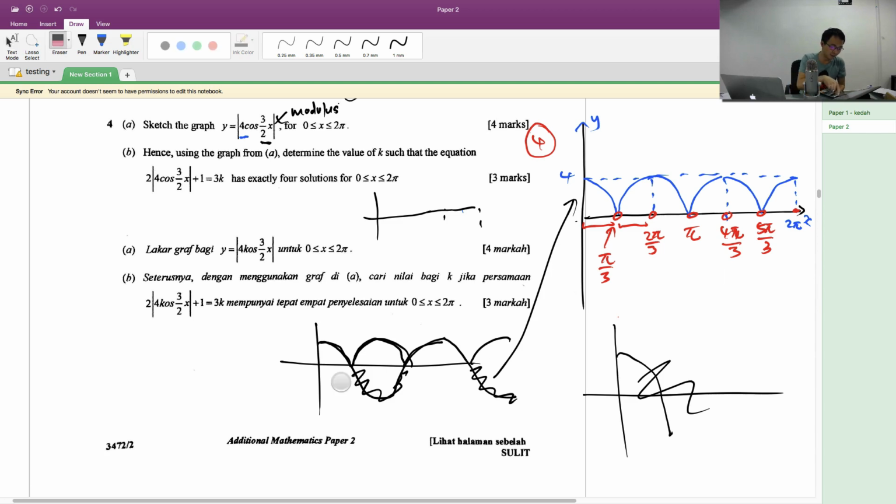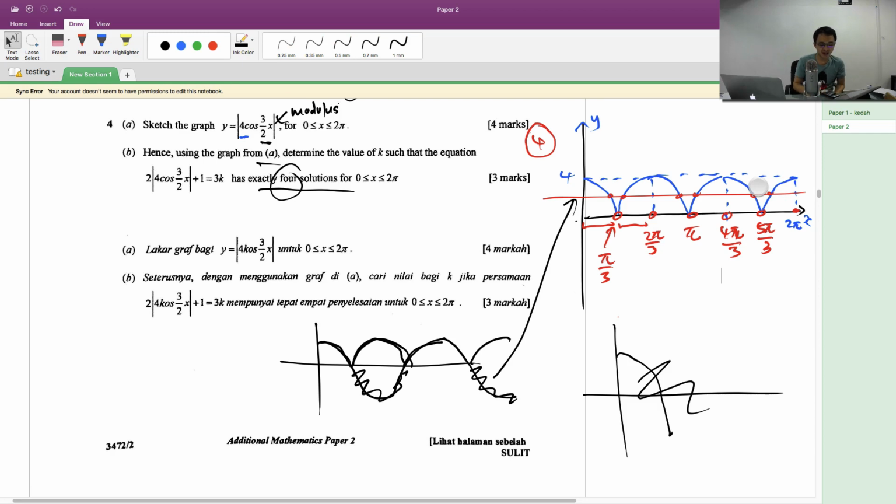Using the graph from part A, determine the value of k such that the equation has exactly 4 solutions. So 4 solutions means that the line needs to touch exactly 4 points here. If I draw a line over here, how many points do I touch? 1, 2, 3, 4, 5, 6.